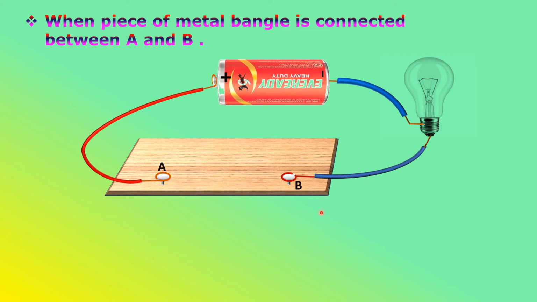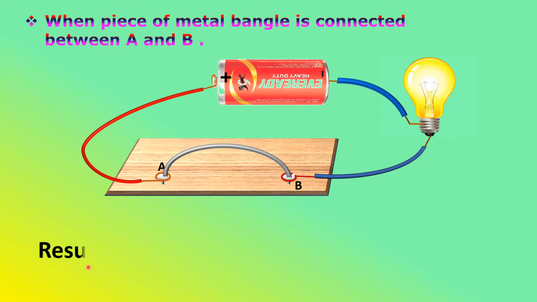Let us connect a piece of metal bangle. The bulb is glowing now. When a piece of metal bangle is connected, the bulb is glowing. Here I am recording it. The result is the bulb glows.